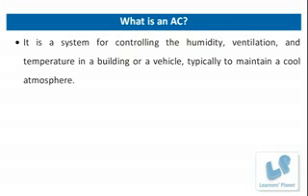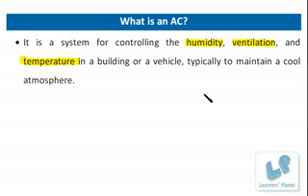Before stepping on to the working of an AC, I would like to tell you what is actually meant by an AC. It is a system of controlling the humidity, ventilation, and temperature in a building or a vehicle, typically to maintain a cool atmosphere.